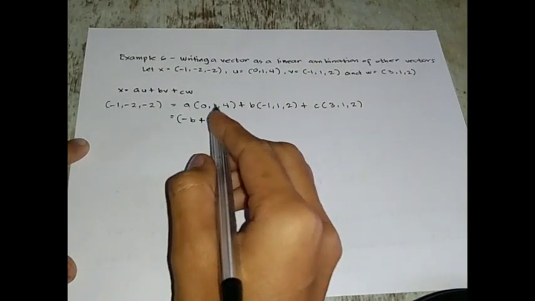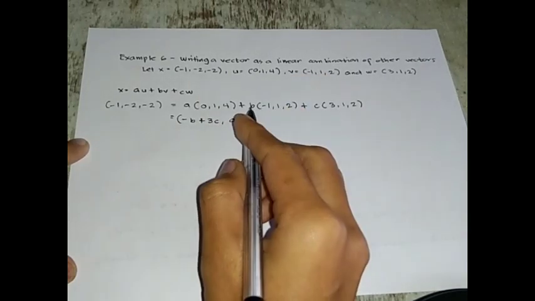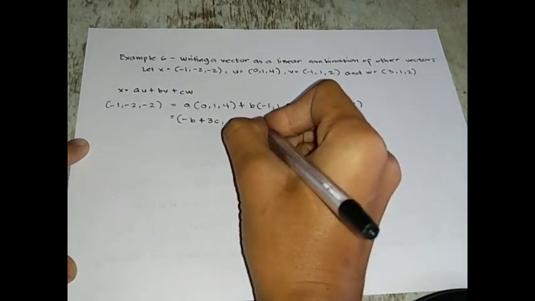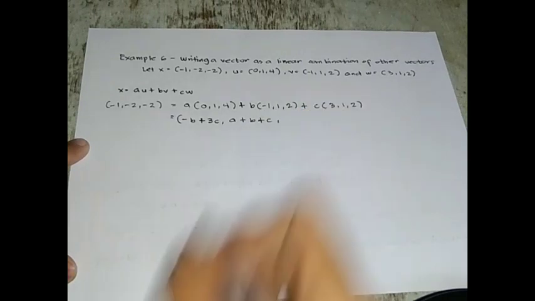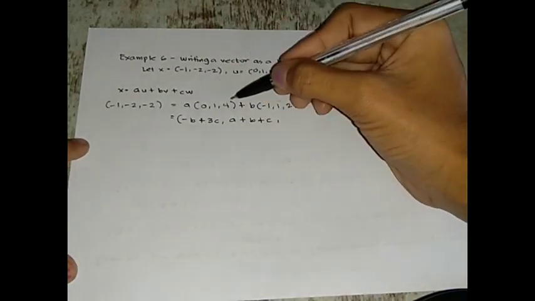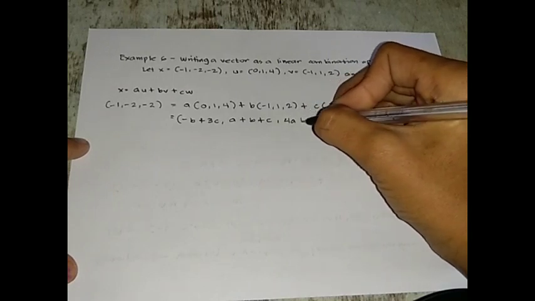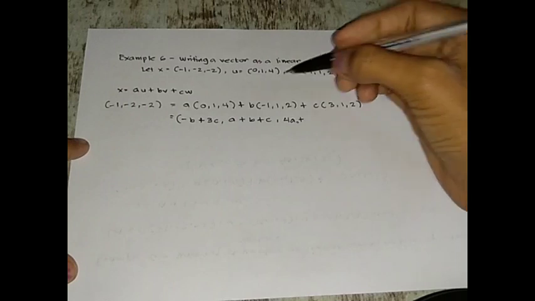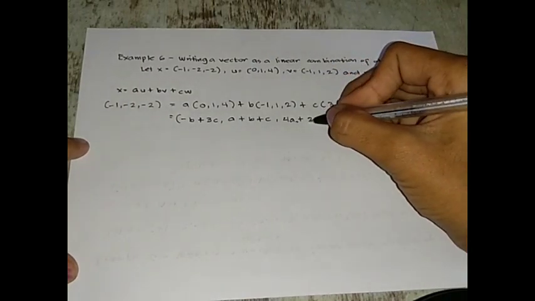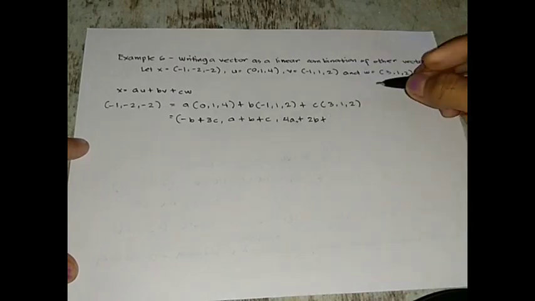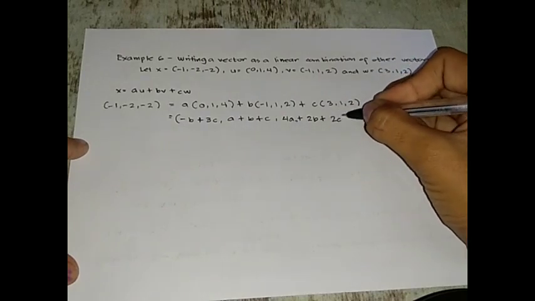Then A times 1 is equal to A. B times 1 is equal to B. C times 1 is equal to C. And A times 4 is equal to 4A. And B times 2 is equal to 2B, plus C times 2 is equal to 2C.